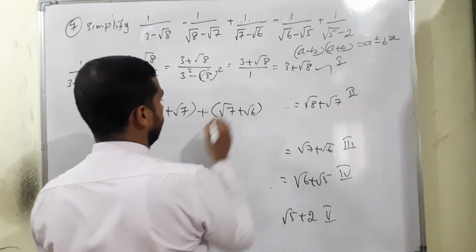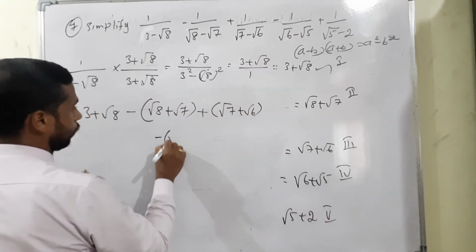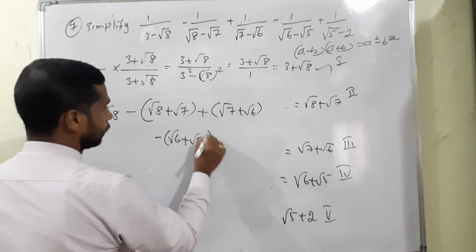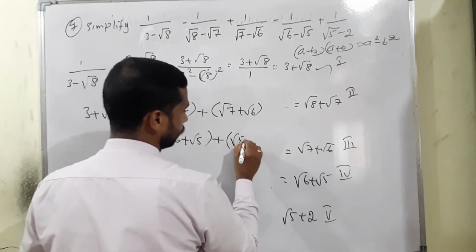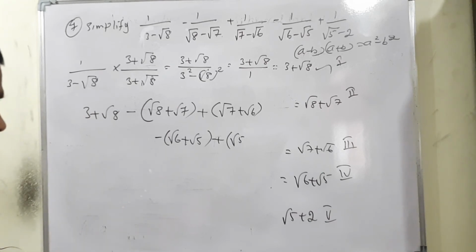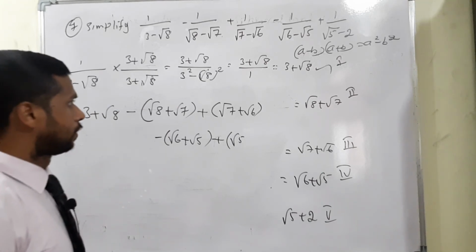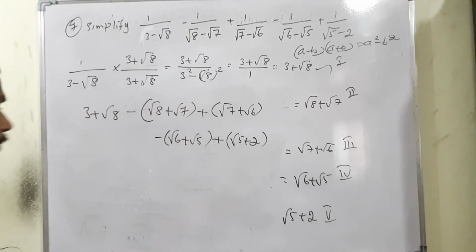The fourth one, minus bracket of root 6 plus root 5. The last part, plus root 5 plus 2.